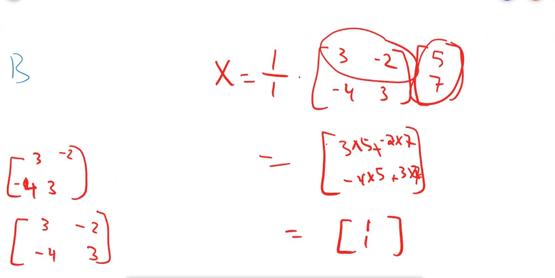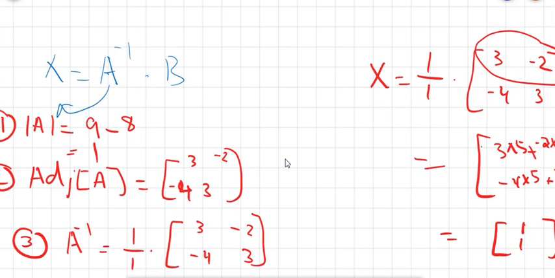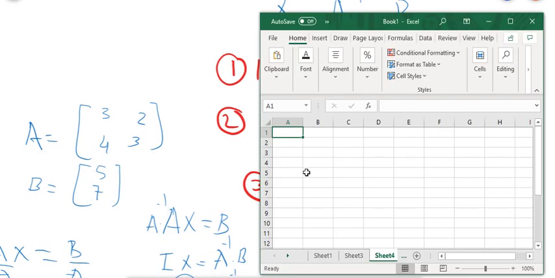Let me check it by using Excel. Okay, let me solve it by using Excel. You have A: 3, 2, 4 and 3, where B is 5 and 7. So we will find it.